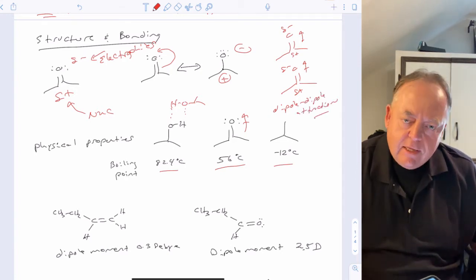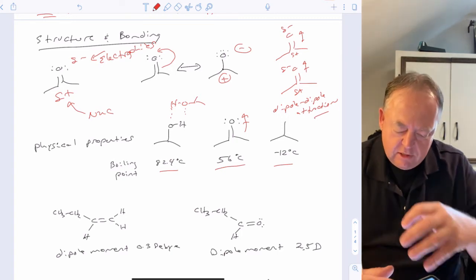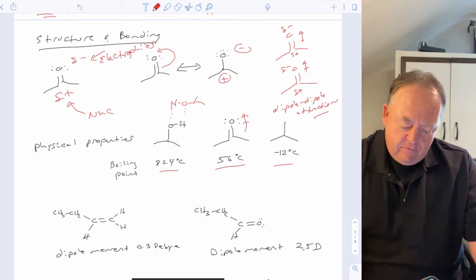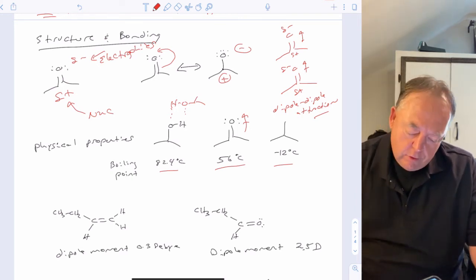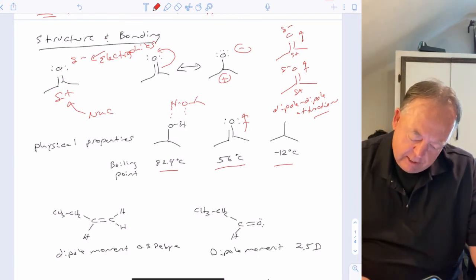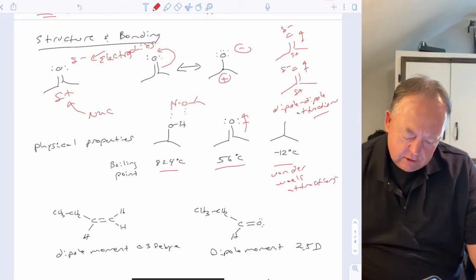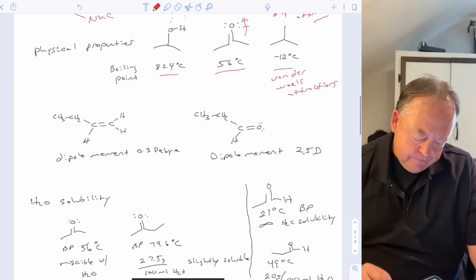And you would have to break that electrostatic attraction in order to get the molecule into the gas phase. But it requires less energy to break that type of attraction, so it's got a lower boiling point. And then for the alkane, it just has van der Waals, which are the weakest of the intermolecular attractions, so that's got the lowest boiling point.